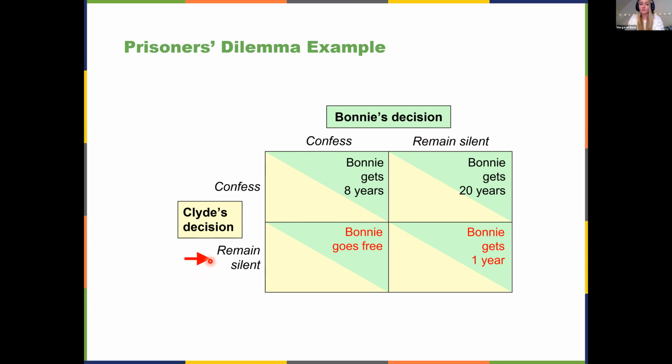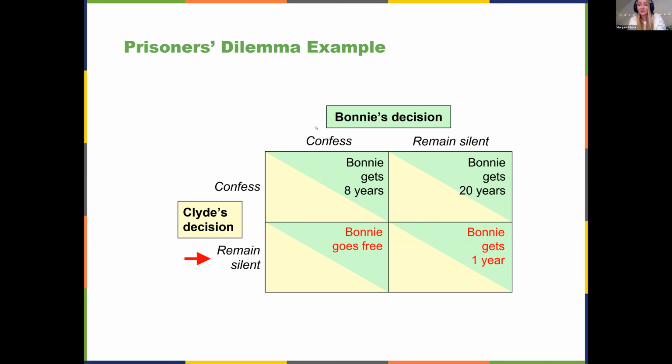So if Clyde remains silent and doesn't talk to the cops, and Bonnie remains silent and doesn't talk to the cops, Bonnie's going to get 1 year in prison because the cops don't have any more evidence to convict either one for any longer. So these are the four different outcomes that could happen to Bonnie based on the two decisions that Clyde can make.